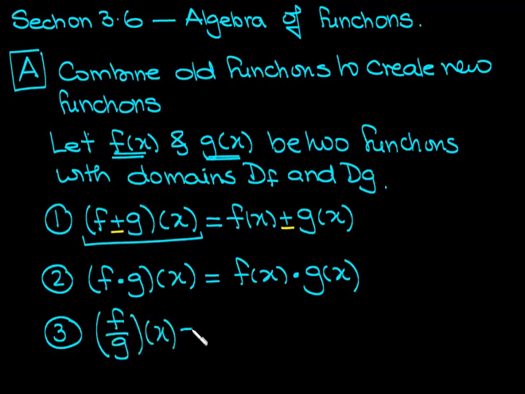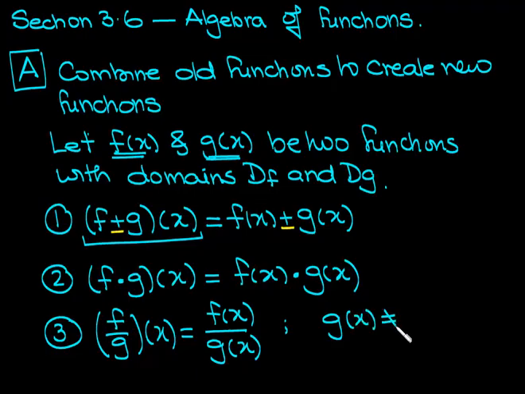That's a new function, which is the old function f of x divided by the old function g of x. Okay, now it's obvious out here g of x cannot be 0, because if it is, then we're going to get division by 0. So this is how we create new functions. These functions on the left are my new functions, which are created on the right using the old functions.